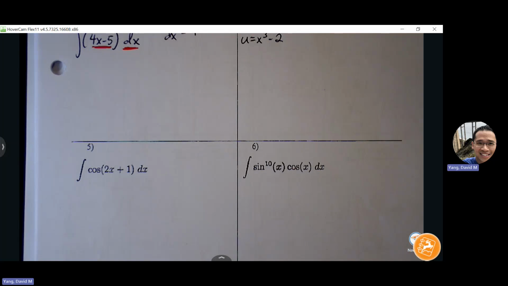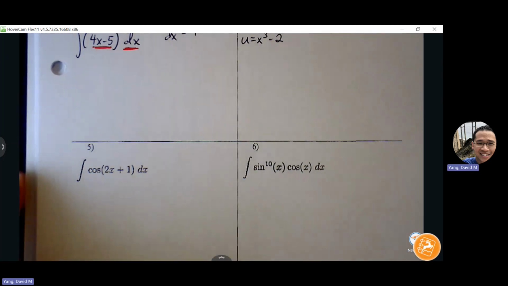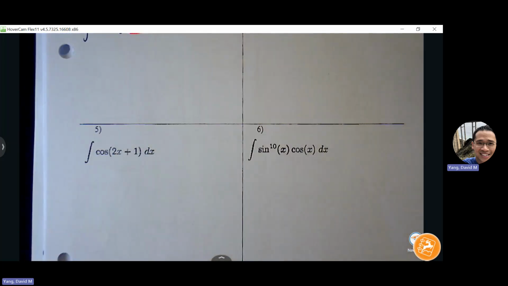Okay, number 5, do we have a rule that can handle this exactly as the way we see it? Yeah, we have a rule for cosine of u, but do we have a rule for cosine of 2x plus 1? It's a little more than what a rule can handle, but it should be fairly easy to get it into the correct form.